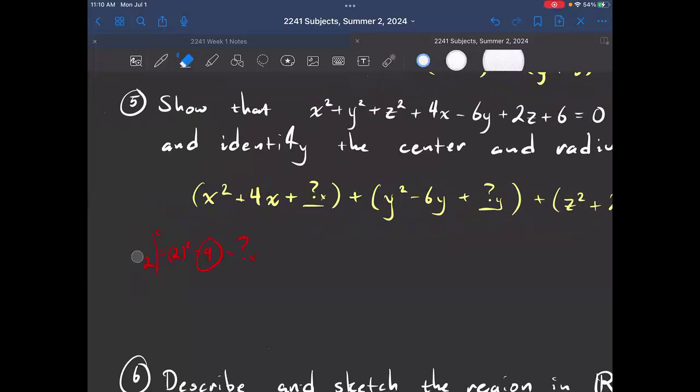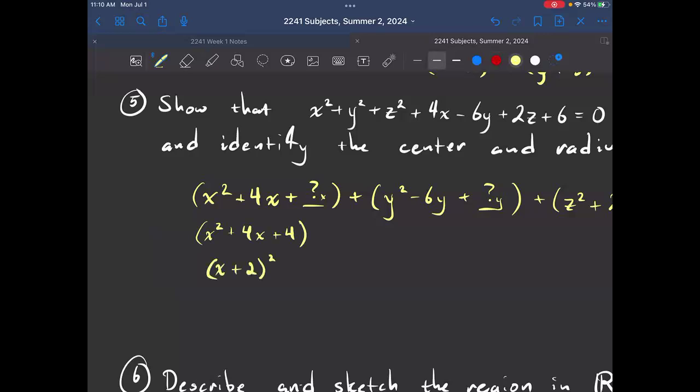So let's see how this works. If I then put x squared plus 4x plus 4, well then this factors as x plus 2 squared. You can go ahead and multiply that out if you don't recognize that, but it does work. And so that's our goal.